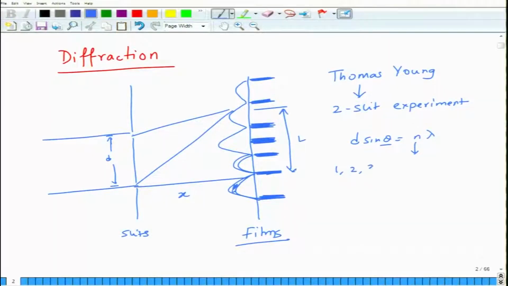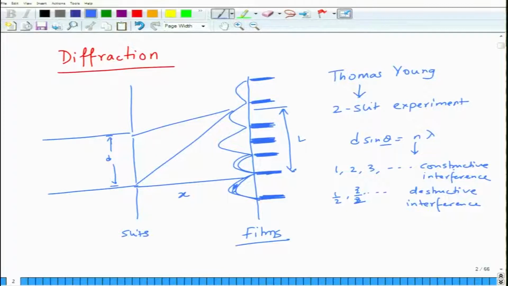So when n was 1, 2, 3, then he had constructive interference, and when n was equal to half, 3 by 2, so on and so forth, then it was destructive interference.